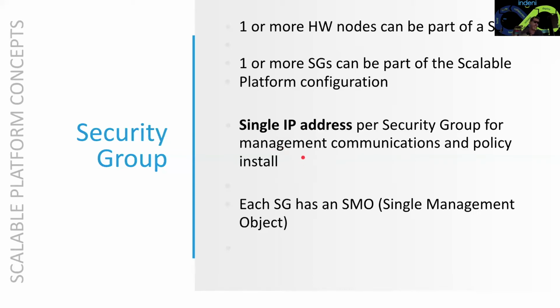After the information is received by this SMO, the single management object member, one of its roles is to distribute this information to all other members in the security group, and then all of them apply the new configuration concurrently.